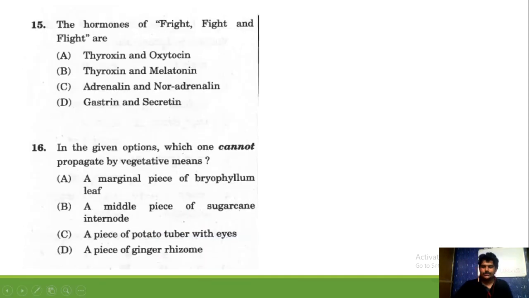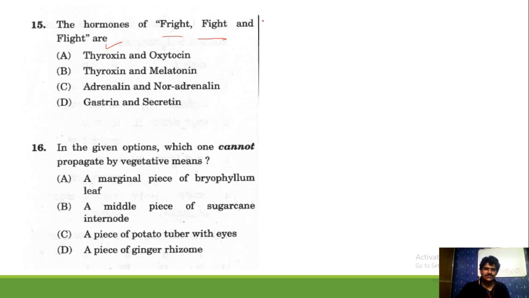Okay. The next question, that is the 15th question: the hormones of fright, fight and flight are. So which are those two hormones in the given list? Which is released during fright, fight and flight?